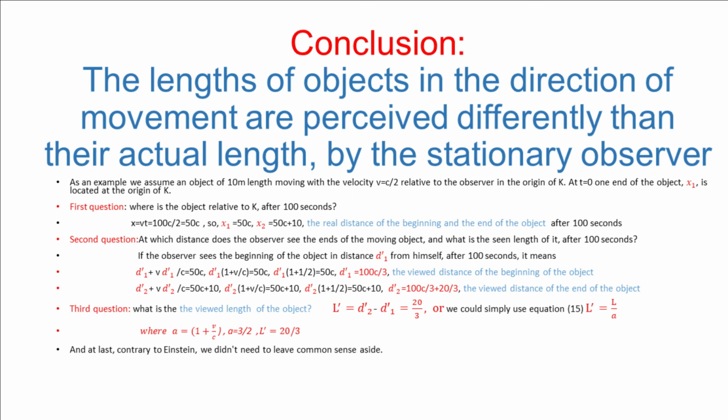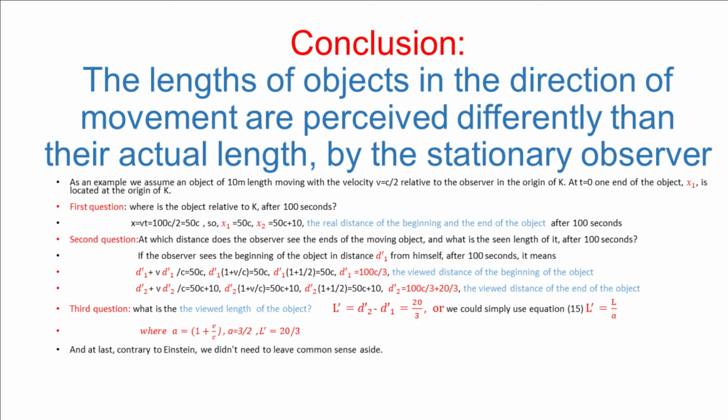So, d prime sub 1 multiplied by 1 plus 1 over 2 equals 50 c, and d prime sub 1 equals 100 c over 3. The viewed distance of the beginning of the object.